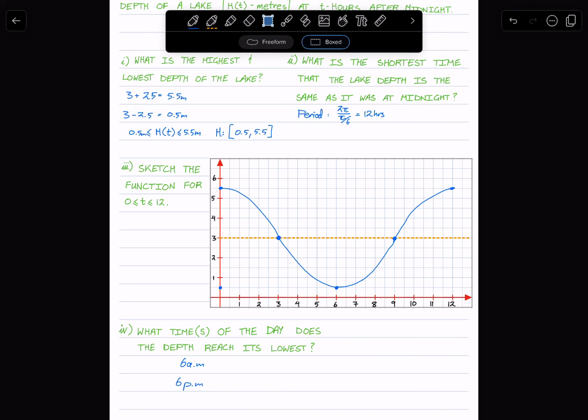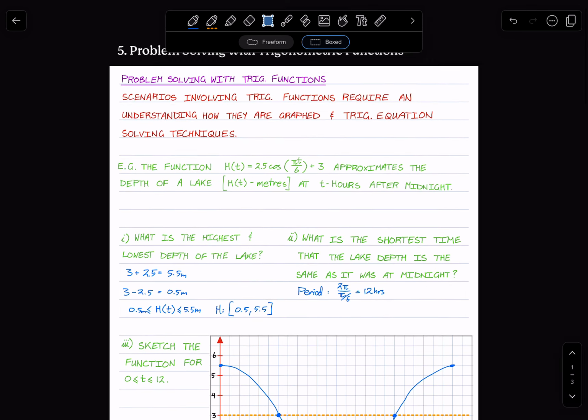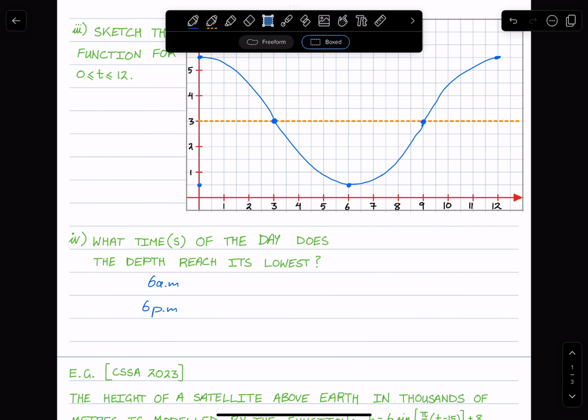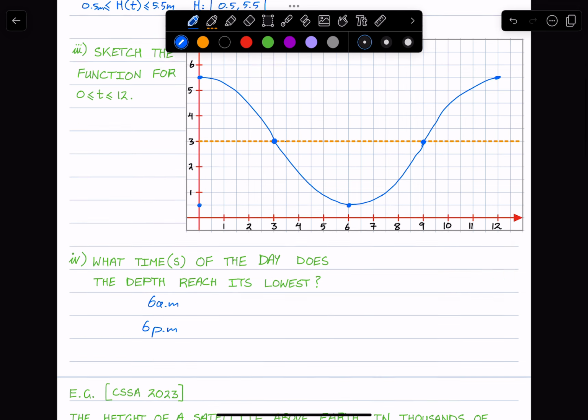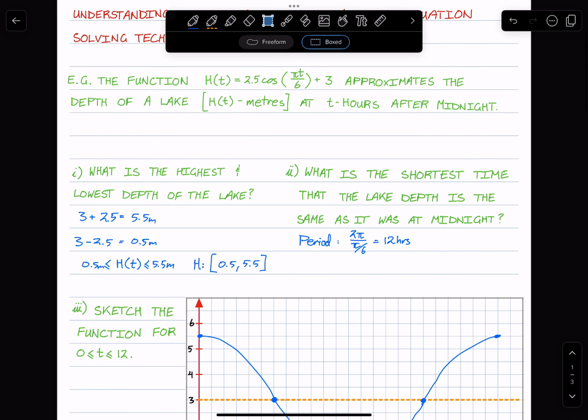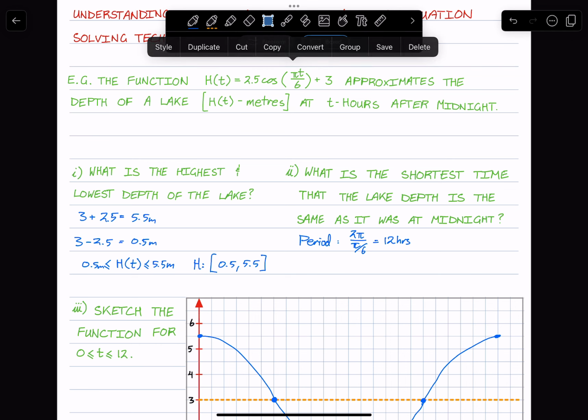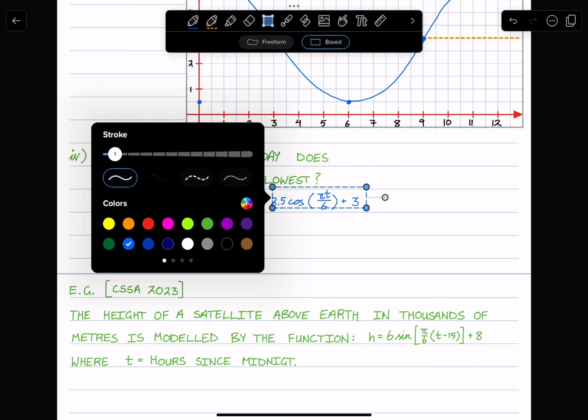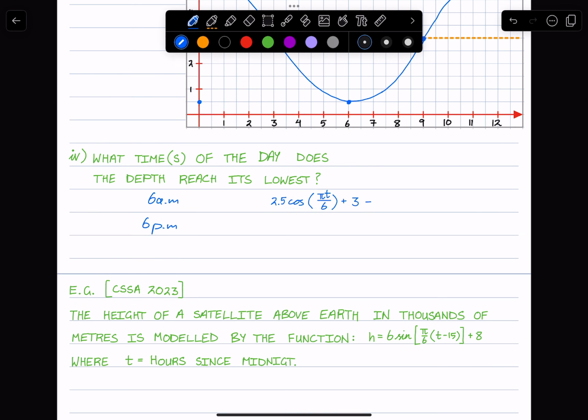And now I'm going to show you how you might do this algebraically with trig solving equations. Now, the lowest depth here is at 0.5. So effectively, we are asking, when does this function equal the lowest depth of 0.5?